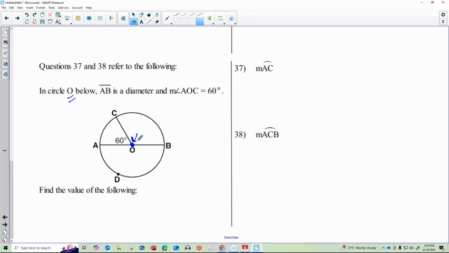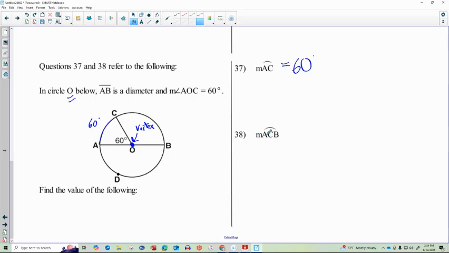Remember, this right here is, we call that the vertex of an angle. If the vertex is the center of a circle, that means the arc, which is arc AC, will be exactly the same as the central angle. So what's the measure of arc AC? Well, if the central angle is 60, then the arc is also 60.